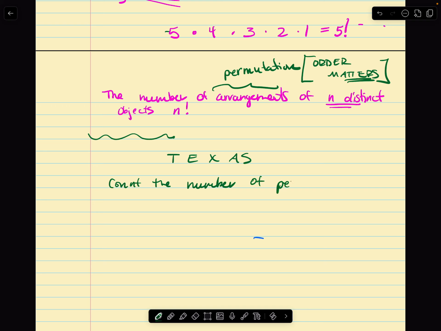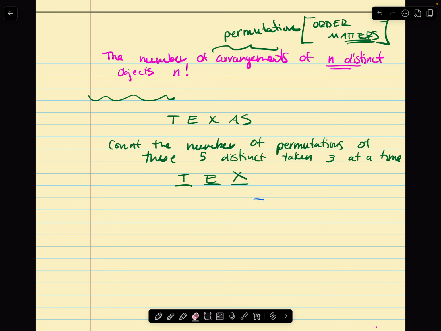So these are permutations of these 5 distinct objects, but we're only going to look at 3 of them at a time. So we're going to say taken 3 at a time. So, for example, T, E, X. That's one of them. So we could try to list them all. That probably is going to take us too long.